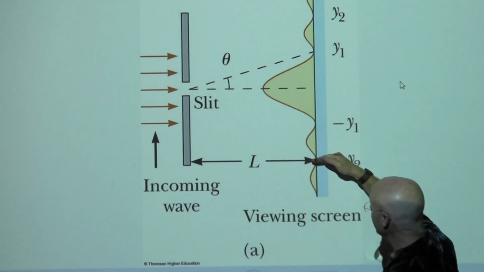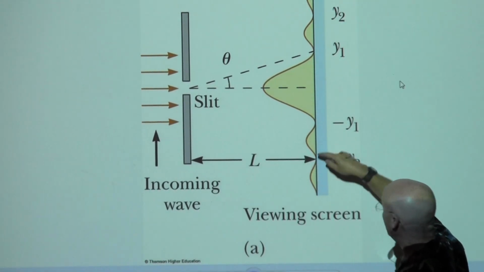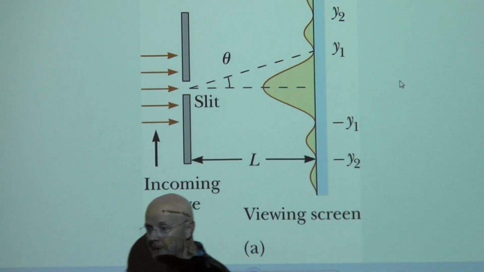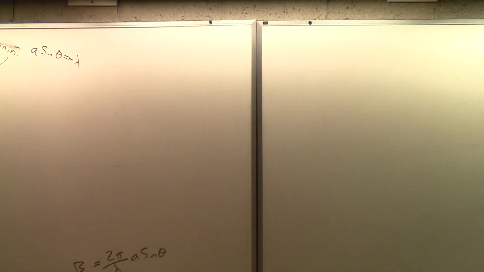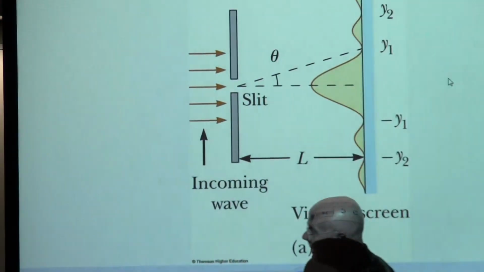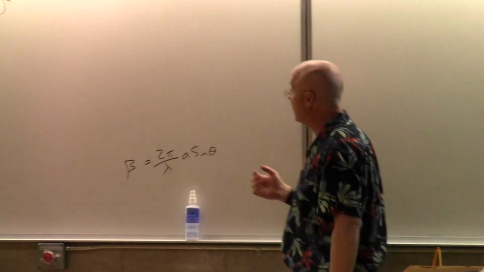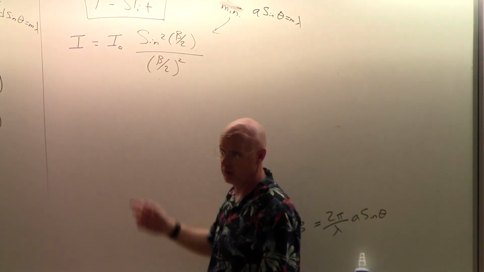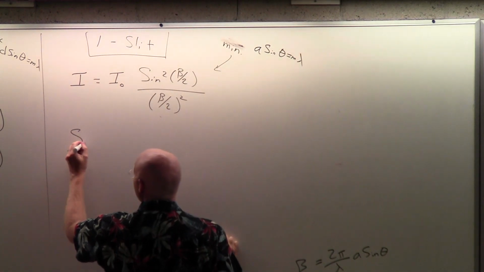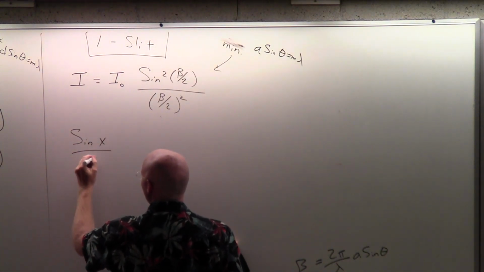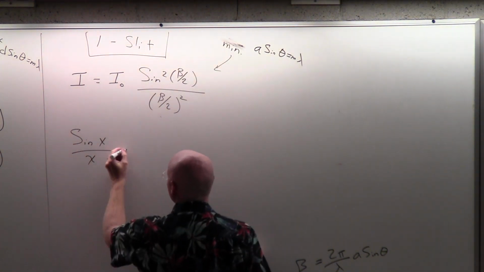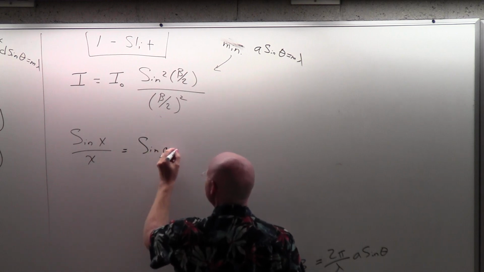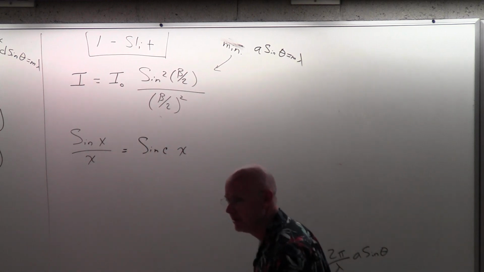It'll go off again and then go on, but it'll be smaller than it was before. And so sure enough, this is the pattern of what is referred to as a sinc function. Sine of x over x. What's called a sinc function.